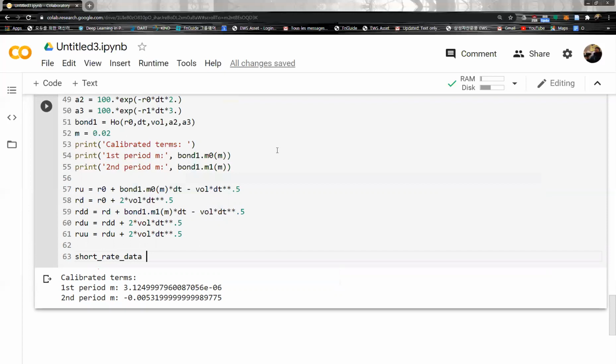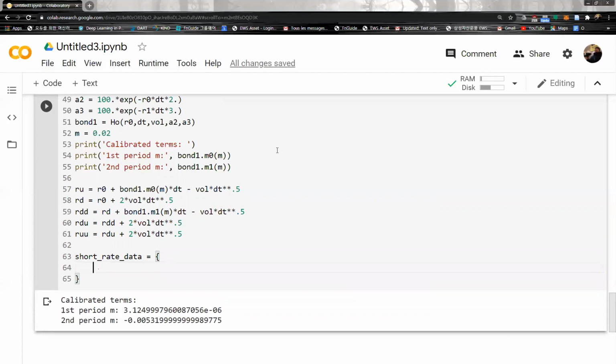Short rate data equals, first, from the top, it is 0, and then 0, and then RUU.